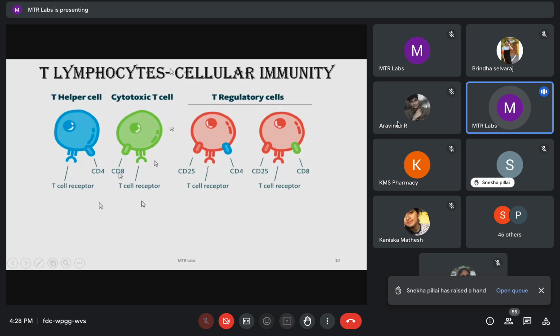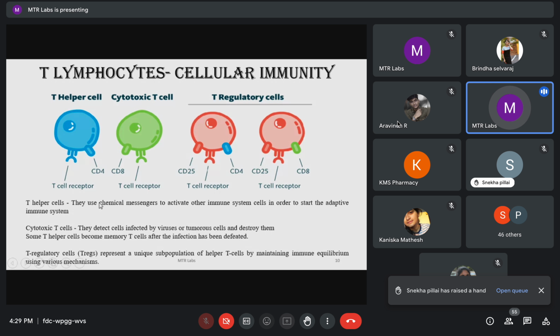Then, after the activation of these CD4 and CD8 T helper or cytotoxic T cells, that is after they encounter the antigen, some T helper cells will become memory T cells, so that these T cells will act when the infection occurs a second time.